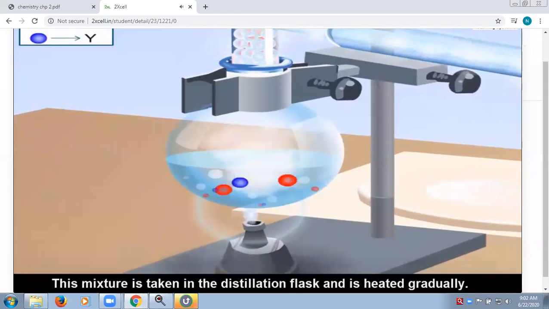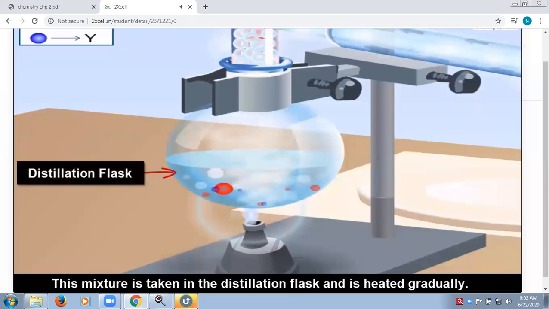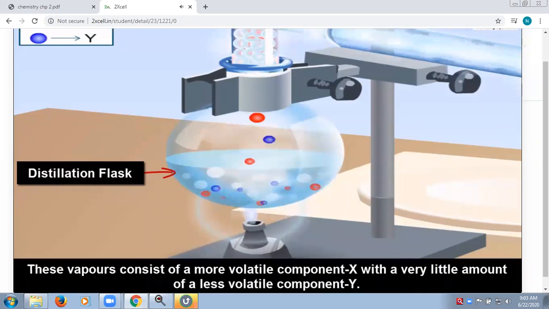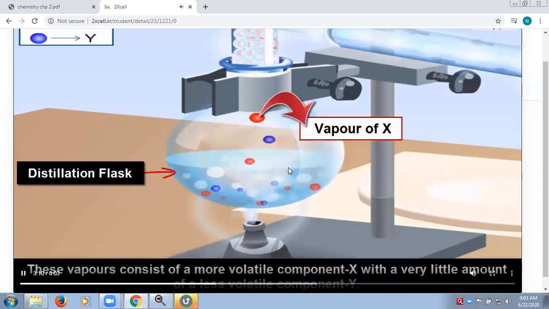This mixture is taken in the distillation flask and is heated gradually. The temperature rises slowly and the mixture starts boiling, followed by the formation of vapors. These vapors consist of a more volatile component, X, with a very little amount of a less volatile component, Y.